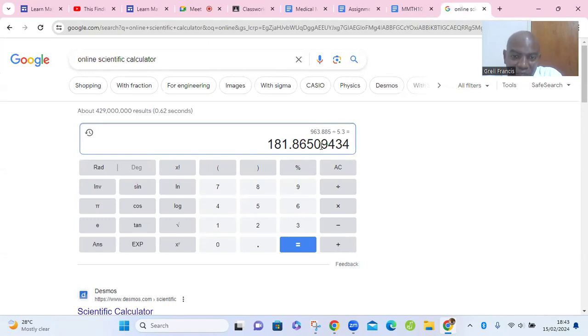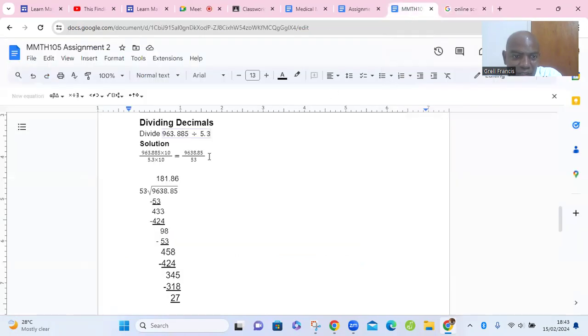181.86, and that 509 is the decimal. Okay, that 509 there is the decimal. That is over 27. That 27 is over the 53 now.